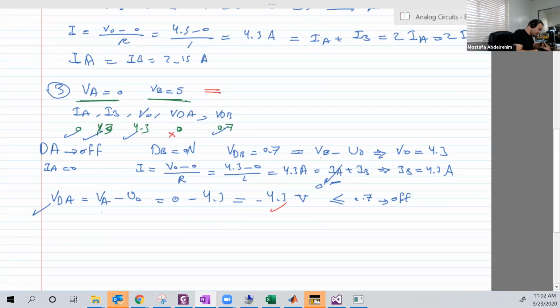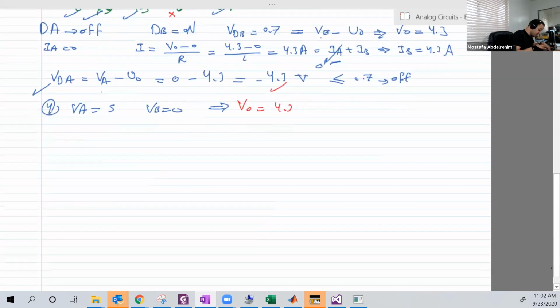The output is 4.3, and number 4 will be the same. VA is equal to 5, VB is equal to 0, then VO will be equal to 4.3. Now let's do the table again and see what's different.